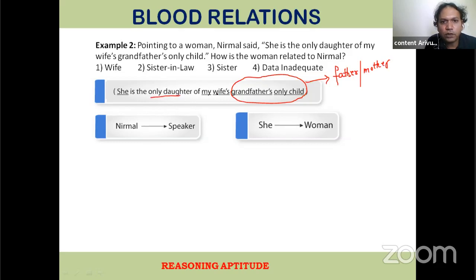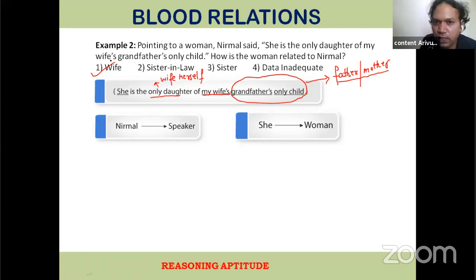Only daughter of my wife's father or mother is my wife herself. Only daughter of my wife's father is my wife. So how is the woman related to Nirmal? She is Nirmal's wife.